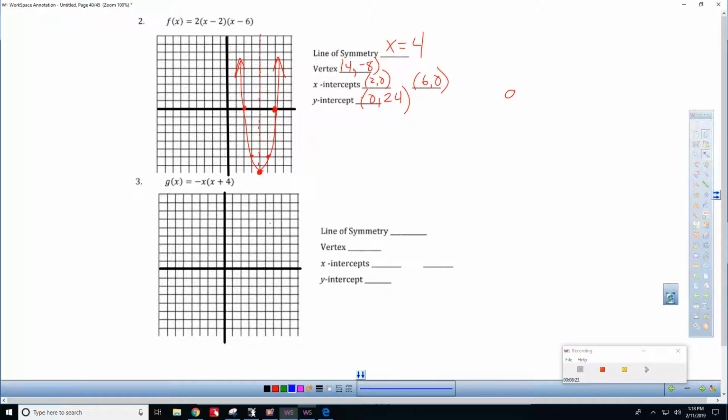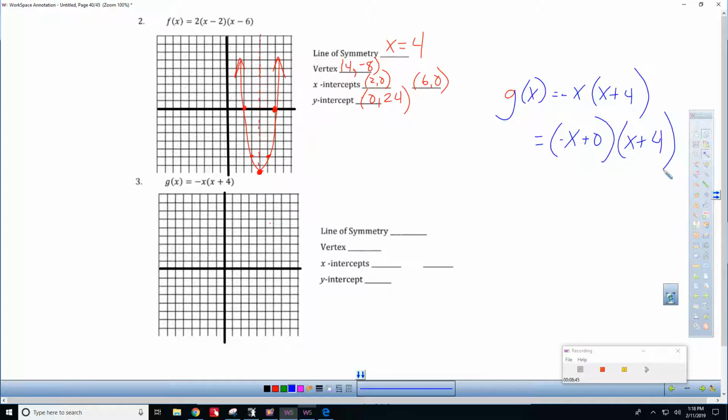Okay, now keep in mind for this one it says g of x, well, it says negative x times x plus 4. Do you realize that that's the same thing as negative x plus 0 times x plus 4?